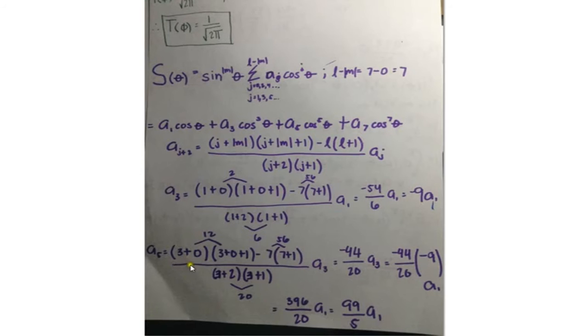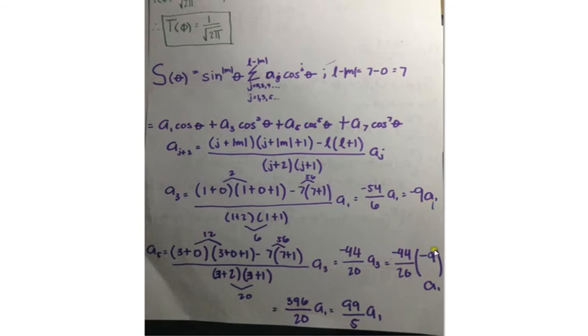So we have now 3 plus 0 times 3 plus 0 plus 1 is 4, which when multiplied by 3 is 12, minus, again, the same value, which is 56, over, since we have a different j value here, we will use 3 instead of 1. So 3 plus 2 times 3 plus 1, which is the same as 5 times 4, equal to 20. So we will have 12 minus 56, which is negative 44, over 20 times the value of a3, which is negative 9 times a1.